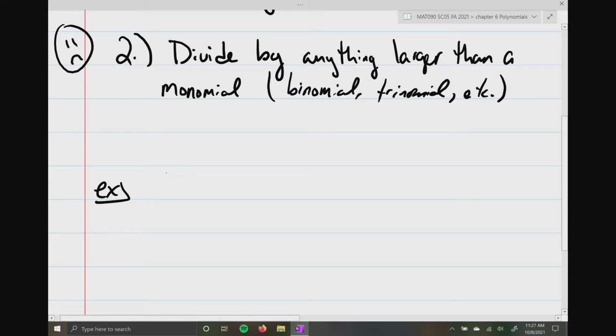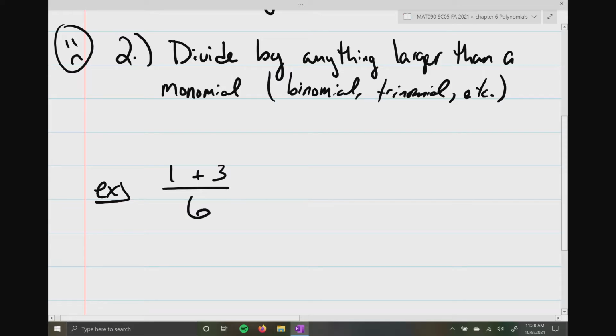I'm going to keep it really simple. How about that? 1 plus 3 in the numerator over 6.